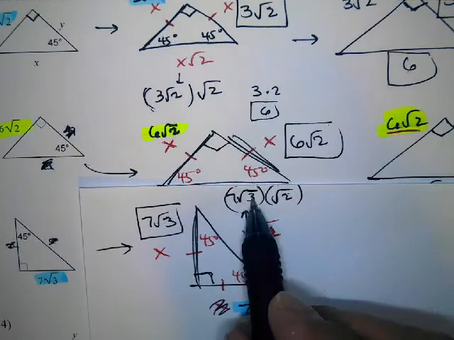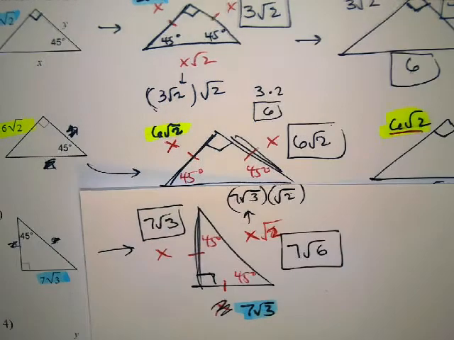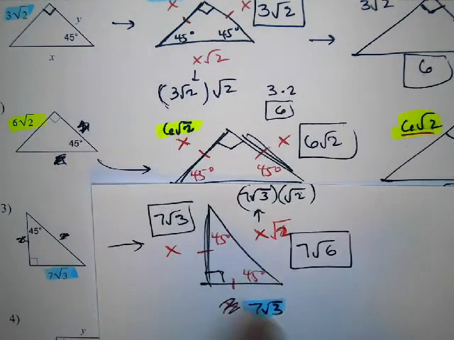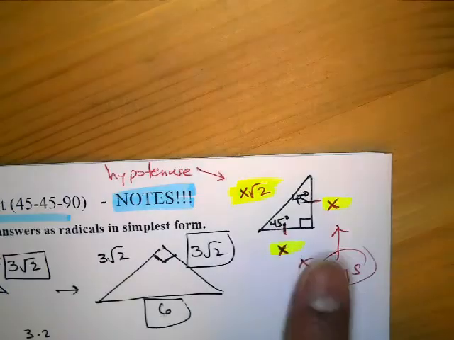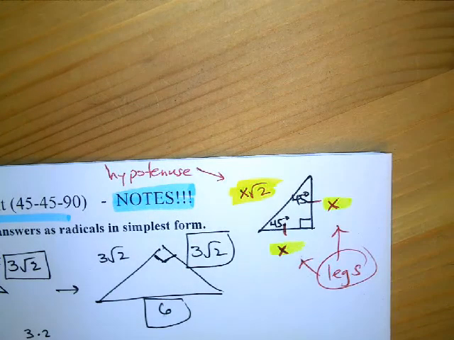Whatever 7 root 3 times root 2 is going to be the length of this hypotenuse. We know that 7 root 3 times root 2 is 7 root 6. That is the way that these sides go. The legs should be congruent, and then the hypotenuse is whatever the leg is times root 2. We're following the side relationships that we're familiar with.